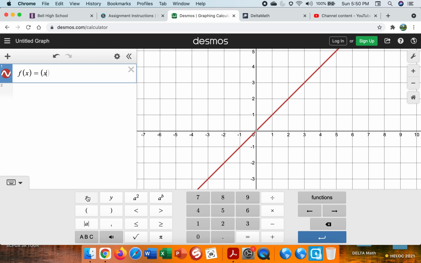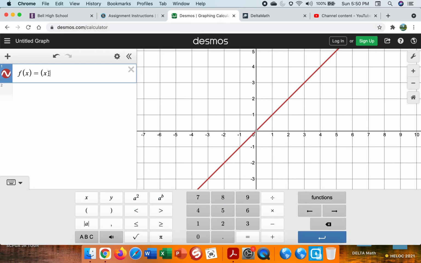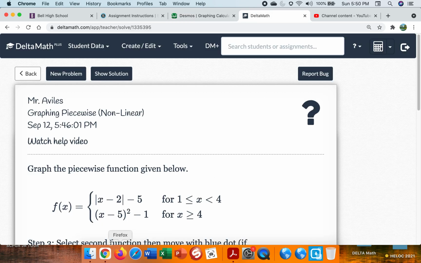X minus 5, close the parentheses and square it. And then click here to the bottom and then minus 1. Okay, there it is. Make sure that we did it right. X minus 5 squared minus 1.